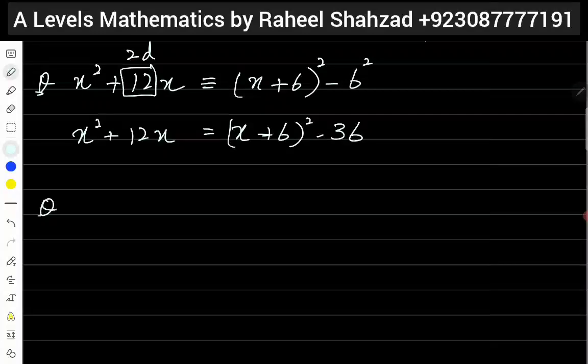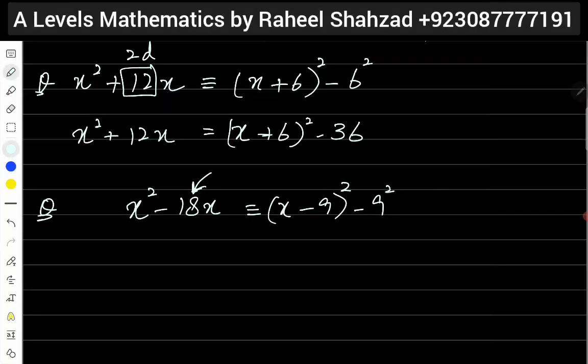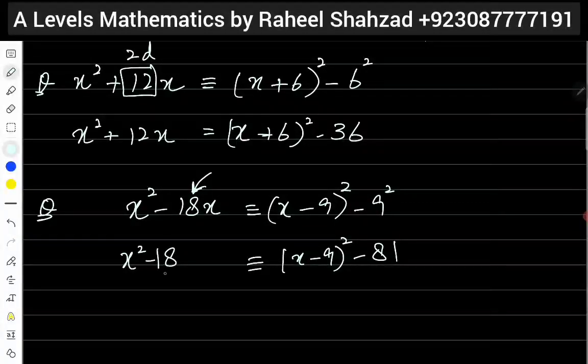Okay, let's do another question which states x square minus 18x. Now you can write x square minus 18x as x minus 9 whole square, right? Because this is 18, so half of 18 is 9. So x minus 9 square minus 9 square, that's going to be x minus 9 whole square minus 81. So x square minus 18x can be written in this form.